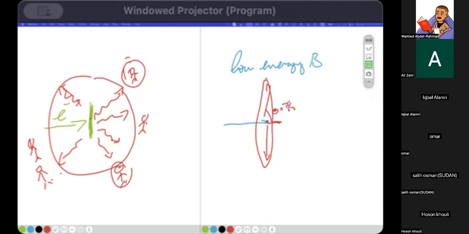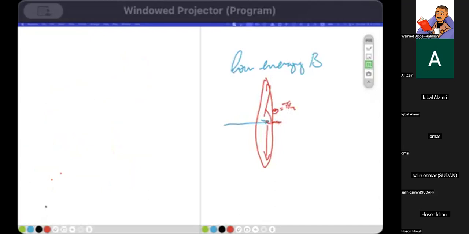Remember in the first lecture, I mentioned why an X-ray tube is built in such a way. In an X-ray tube, we have a target like this, and then we have electrons coming like that, and then here is where we put our patient. Why are we doing this orientation?